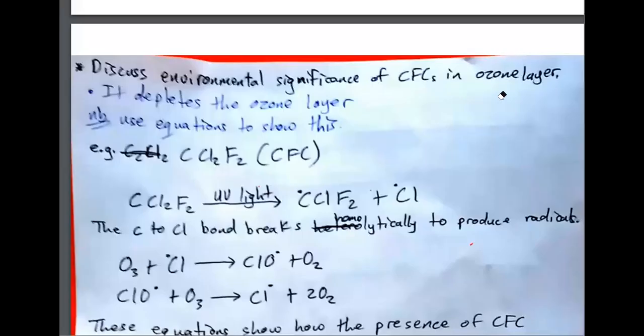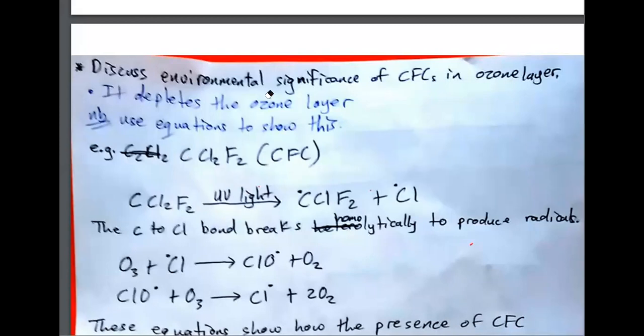So the environmental impact of chlorofluorocarbons is that they deplete the ozone layer. If you're asked to explain this, you are going to do these equations, all right? This is an example of a chlorofluorocarbon. First thing that will happen is that UV light will break a carbon to chlorine bond. Don't need to know the mechanism.